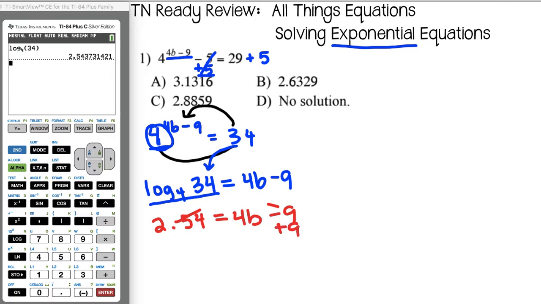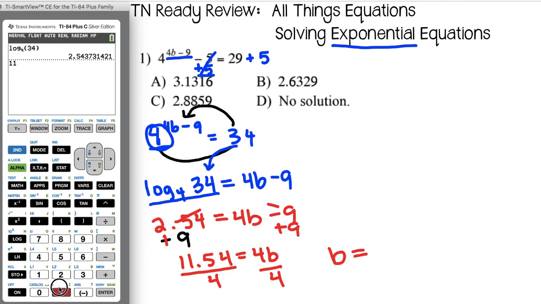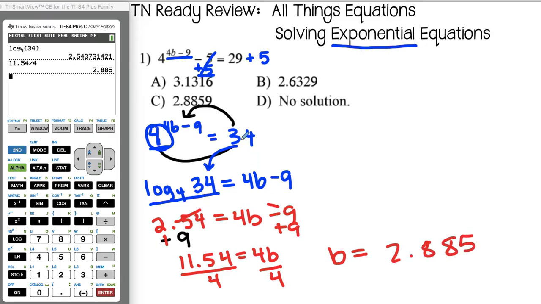So I'm going to add 9 on both sides, and I'm going to end up with 11.54 is equal to 4b, and then I'm going to divide both sides by 4, and I'm going to end up with b is equal to, let's do that math over here, and I get 2.885. All right, so this is the closest thing to my solution, which is answer choice C.